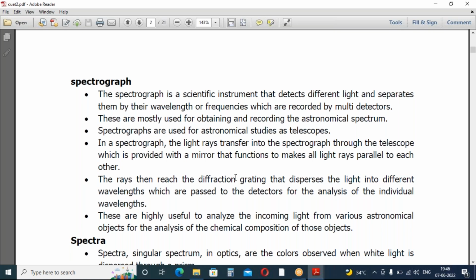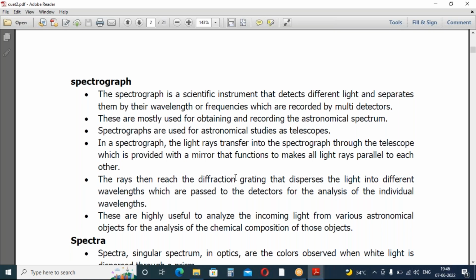Next, coming to the spectrograph. The spectrograph is also an instrument that detects the light and separates it by using different wavelengths or frequencies. It is mainly used for observing or recording astronomical spectrums.